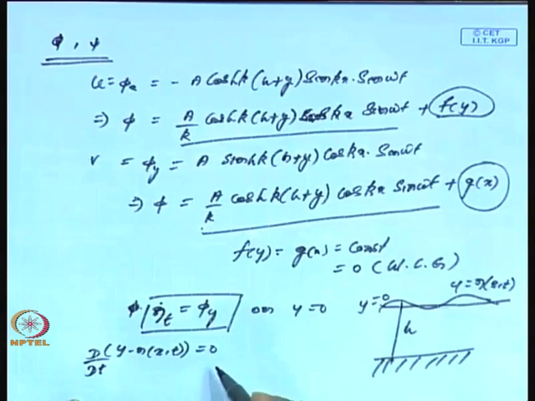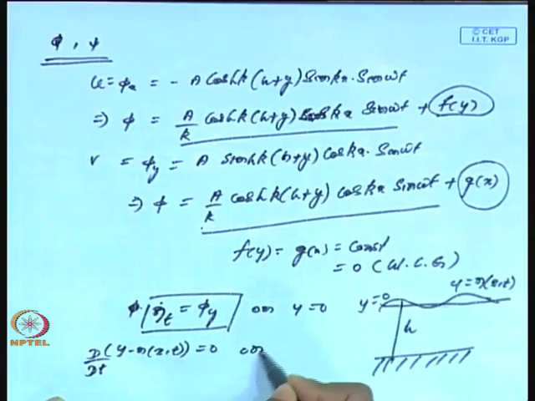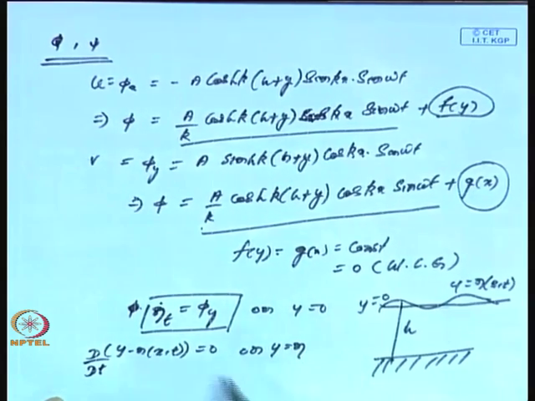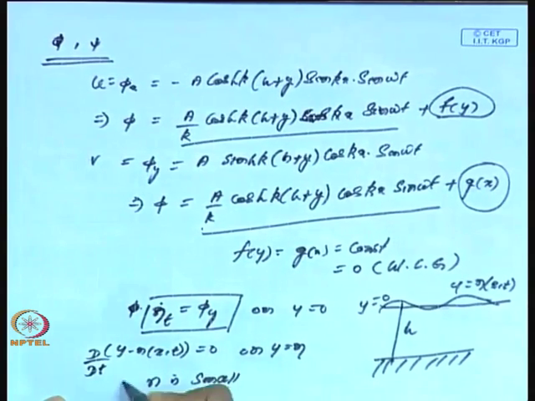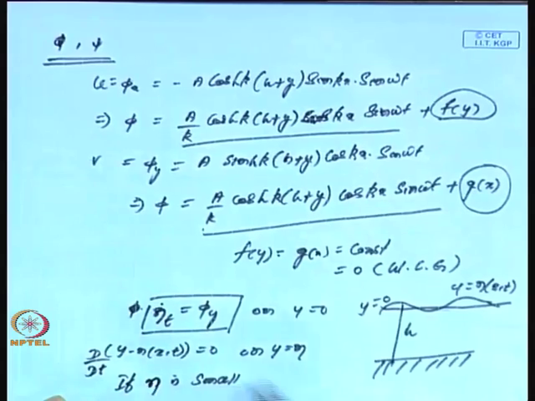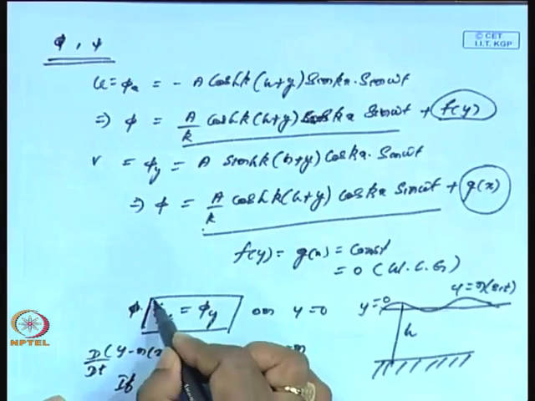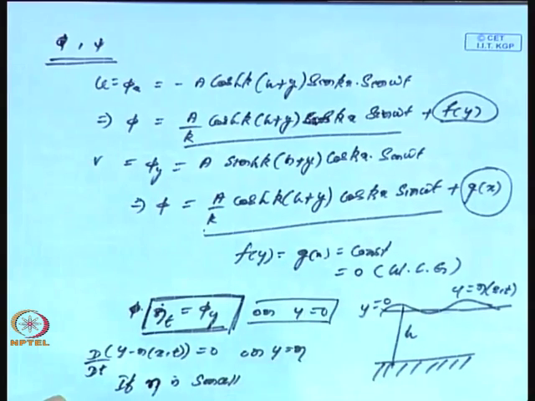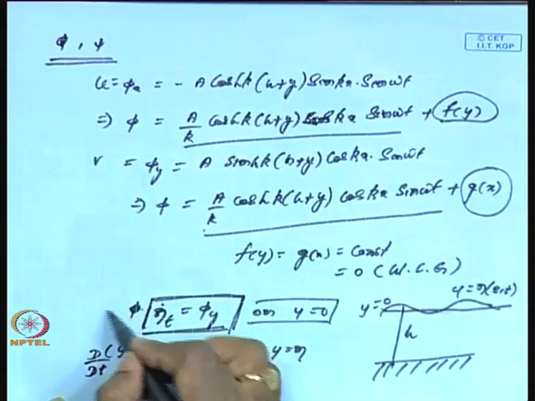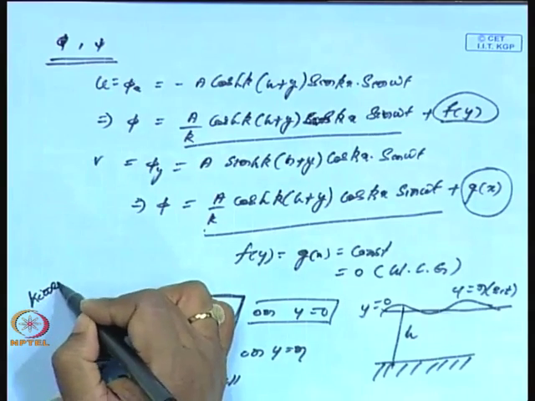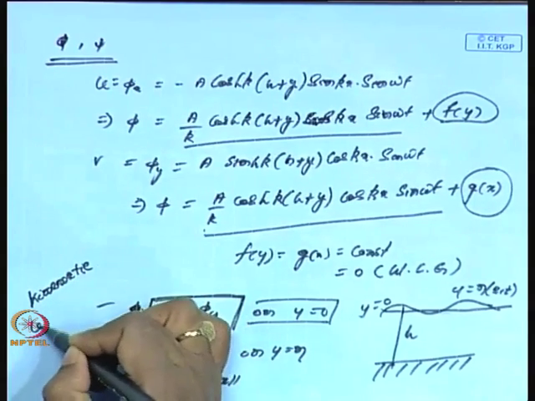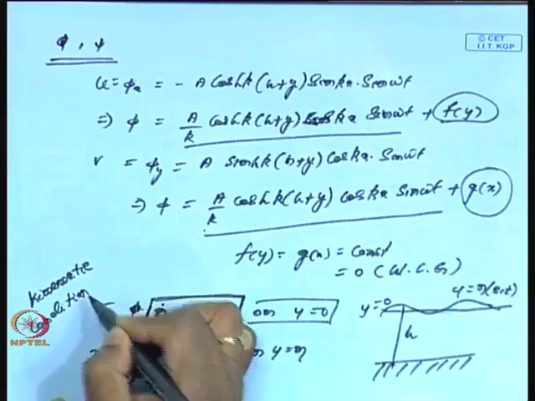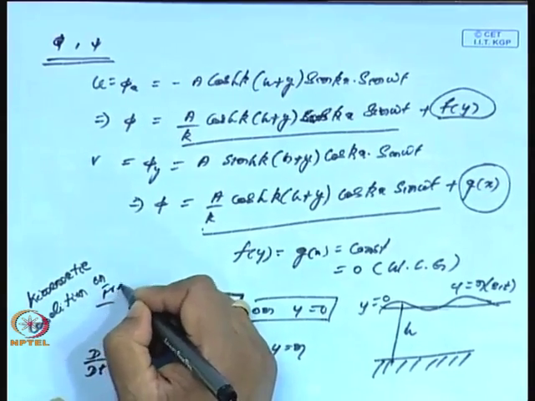That is satisfied on y equal to eta, and assuming that eta is small, it can be proved that this condition becomes eta t equal to phi y, satisfied on y equal to 0, and that is called the kinematic condition on the free surface of water.